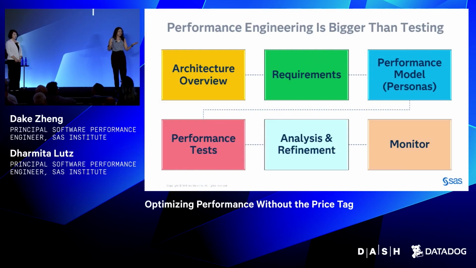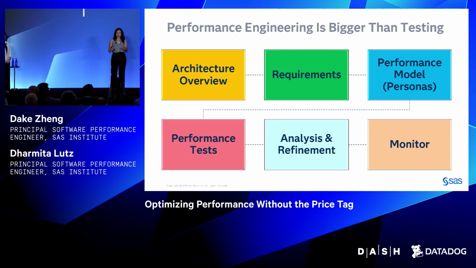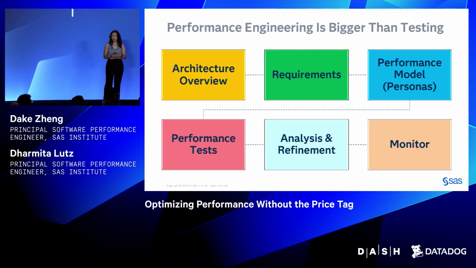So Splunk actually explains this process really well on their website. Performance testing is nestled there in the coral between performance architecture, requirements, performance modeling, or personas, analysis, and monitoring.